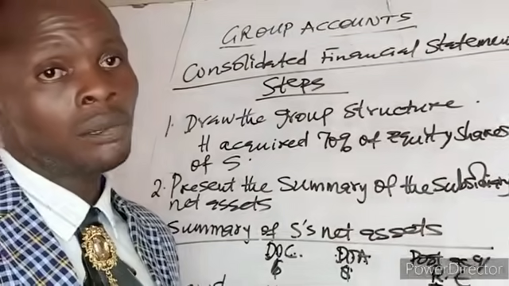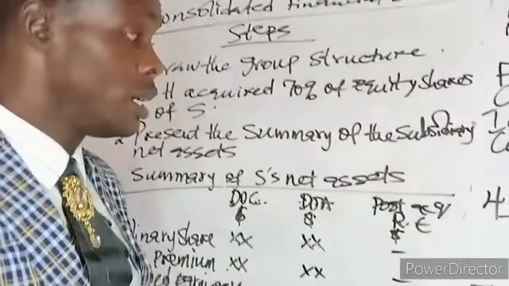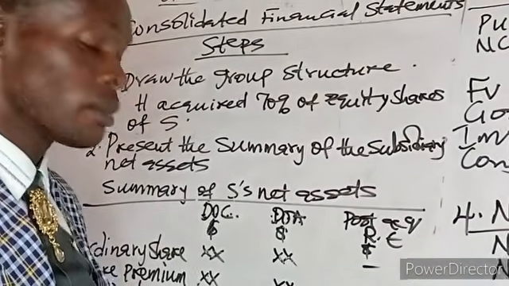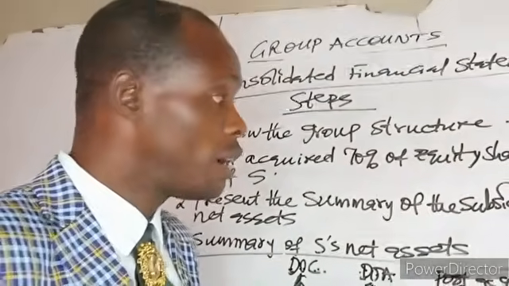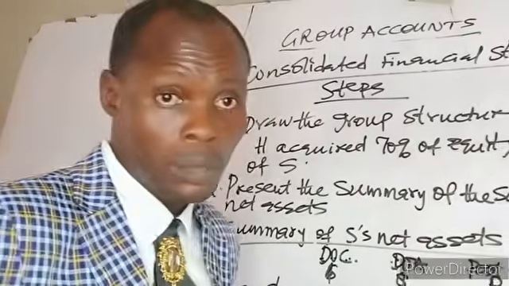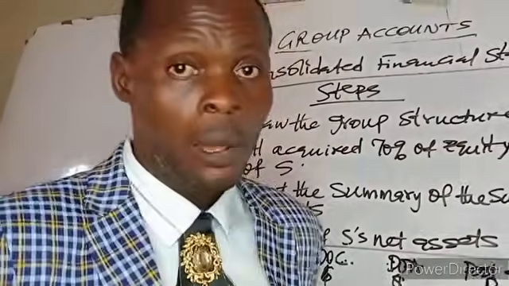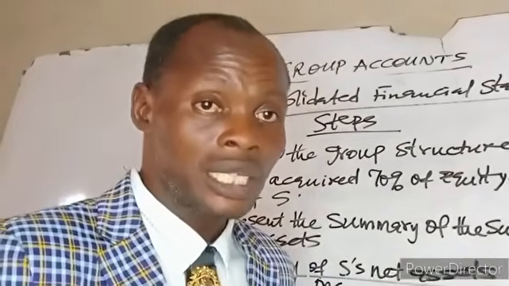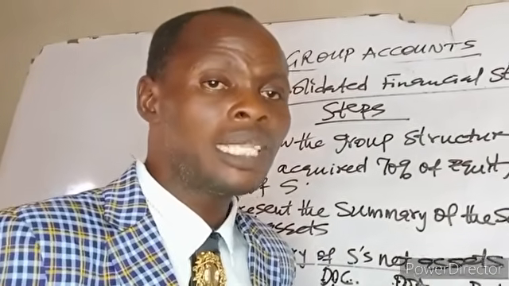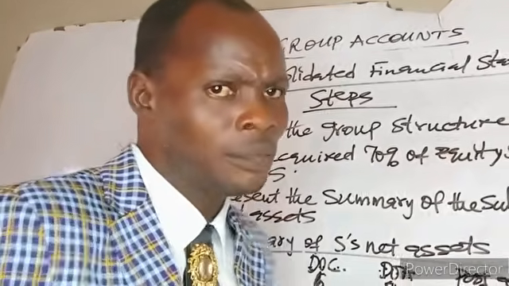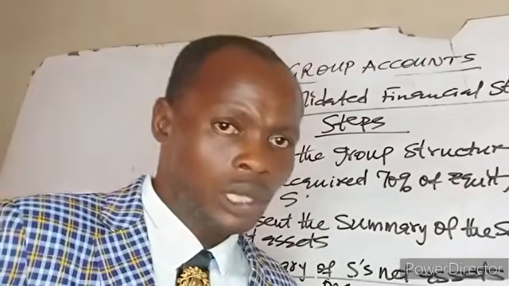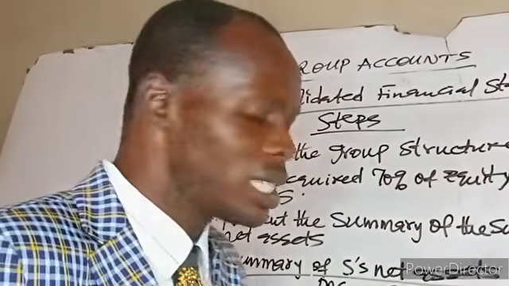Step 6 is to prepare the consolidated statement of financial position. Don't forget, you eliminate the intra-group items when you are preparing your consolidated financial statement, because the connected parties' transactions can be influenced easily.